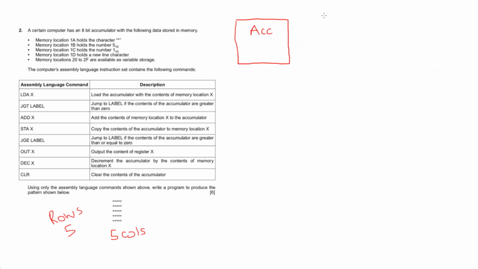I've got something called 1A. I'll draw this as best as I can. I'm no artist. 1A, and that contains the asterisks that we need. Underneath that, I'll draw 1B, and that contains 5.